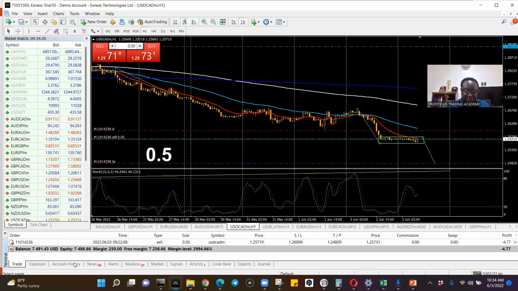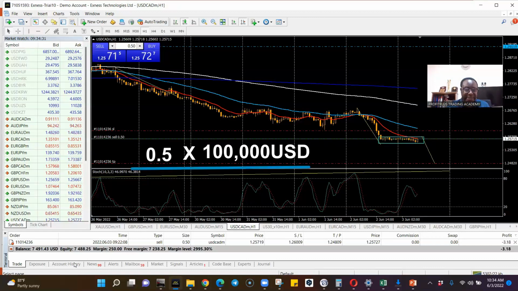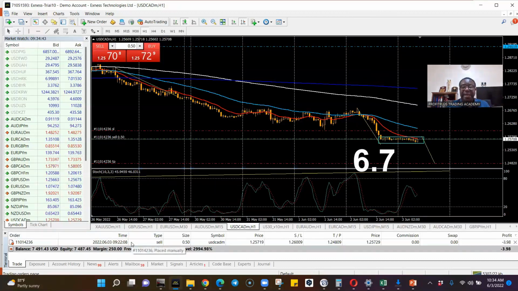So the calculation will be 0.5 times $100,000, then divided by 7,491. The value here is 6.7, which means that we can add more positions. The account is actually being utilized trading at 0.5. It means we can add more positions because the allowable limit has not been exceeded.